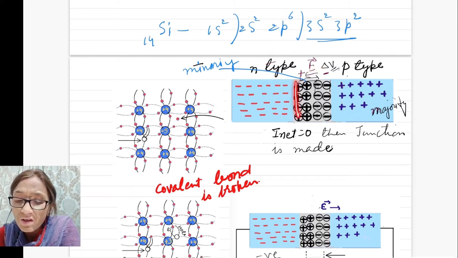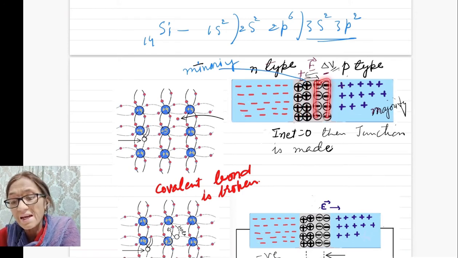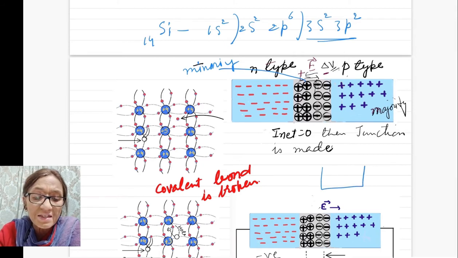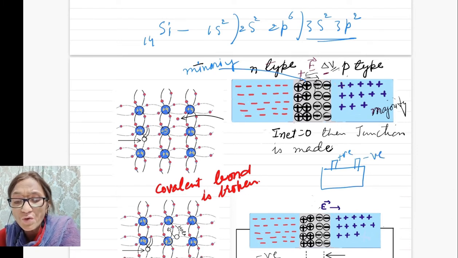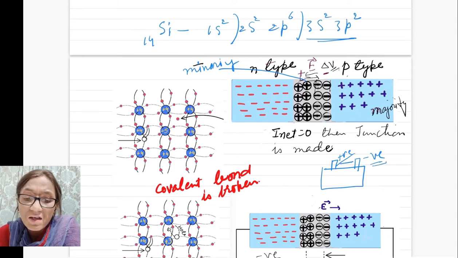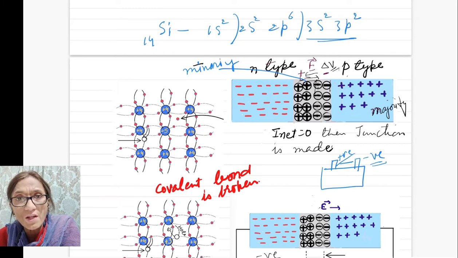You know that when you have positive charges along one side and negative charges along another side, just like in a battery, positive electrode and negative electrode, a potential difference is generated between the two electrodes because of their positive and negative nature. So here you have a potential difference created between the two sides.